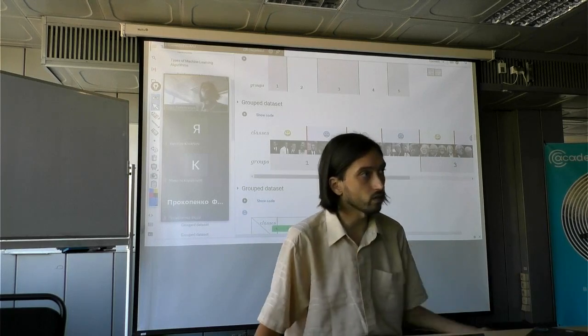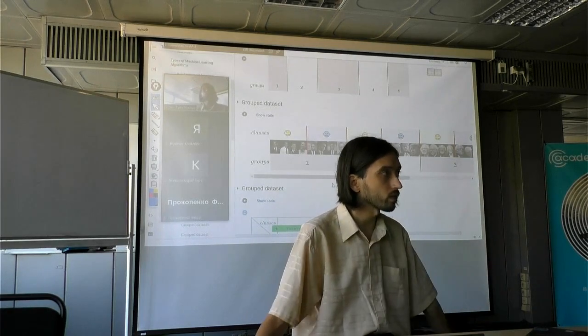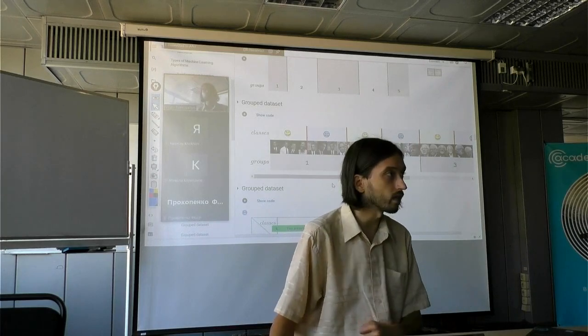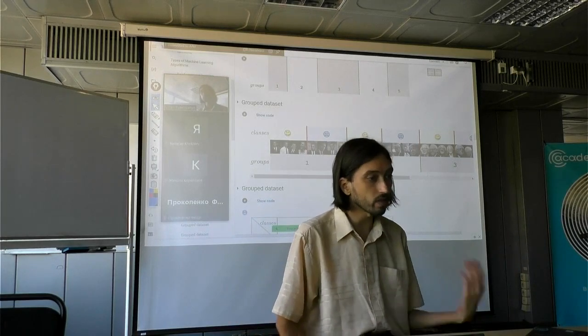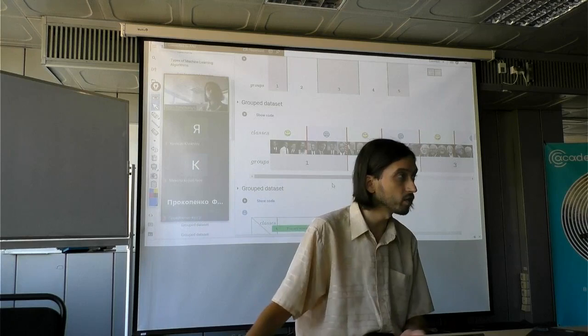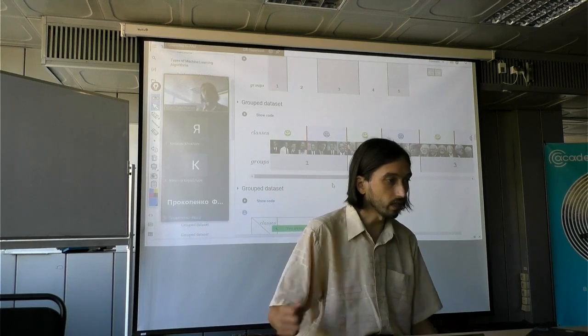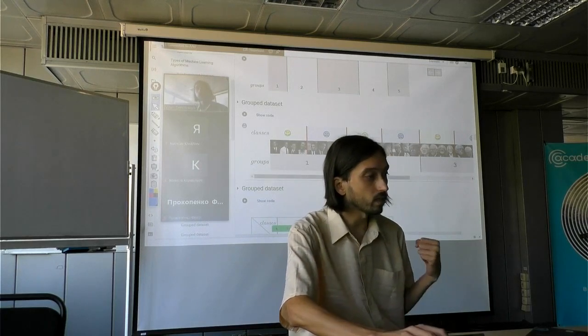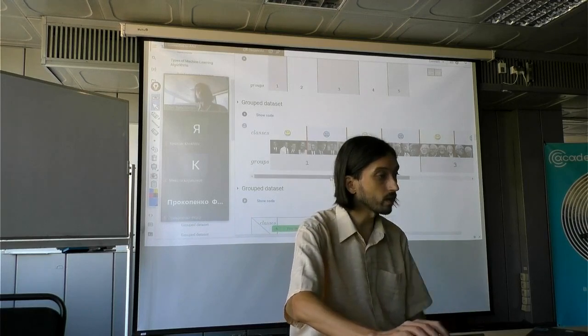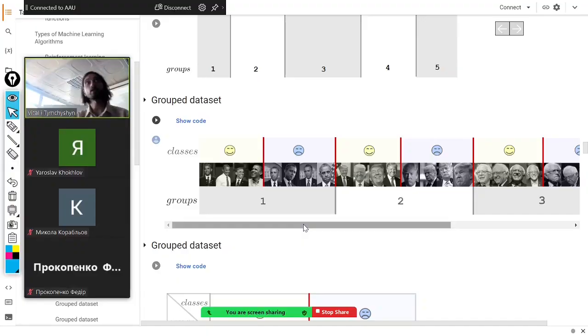I have no chance to make photos of all the cats in the world. So if I'm doing some cat detector, I should think that it will work on images it hasn't seen before, and so on. I need my program to work on any image I put into it. So that's the main problem, let's say.